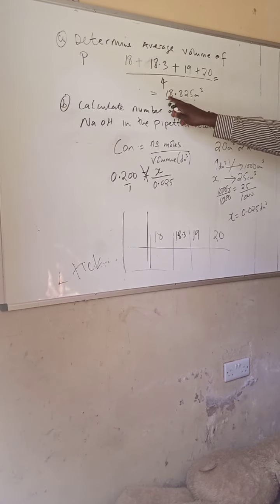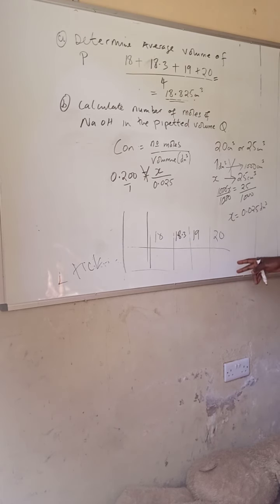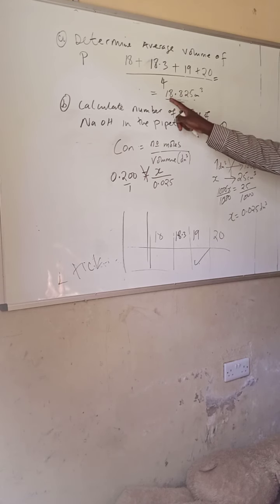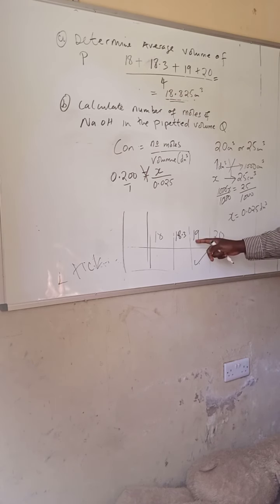Since my titration is 18.8, which one of these is closer to 18.8? It's 19. So this is the one that I'll tick. Base titration will be 19. Why? Because after 18.8, the next one is 19. It's closer. You just pick the one that is closer to this number. So you tick the best titration there.